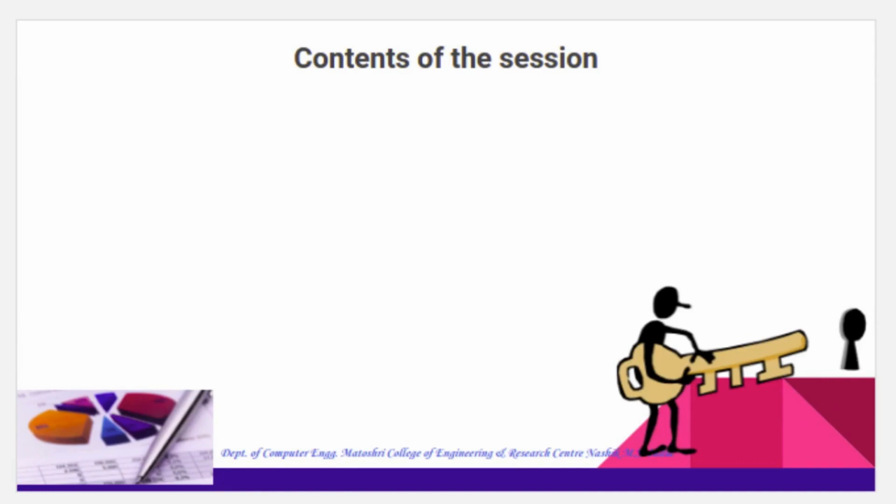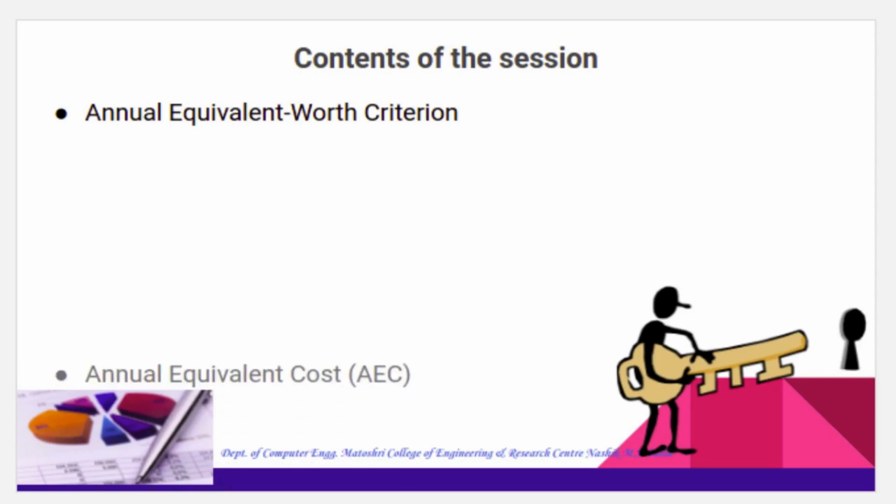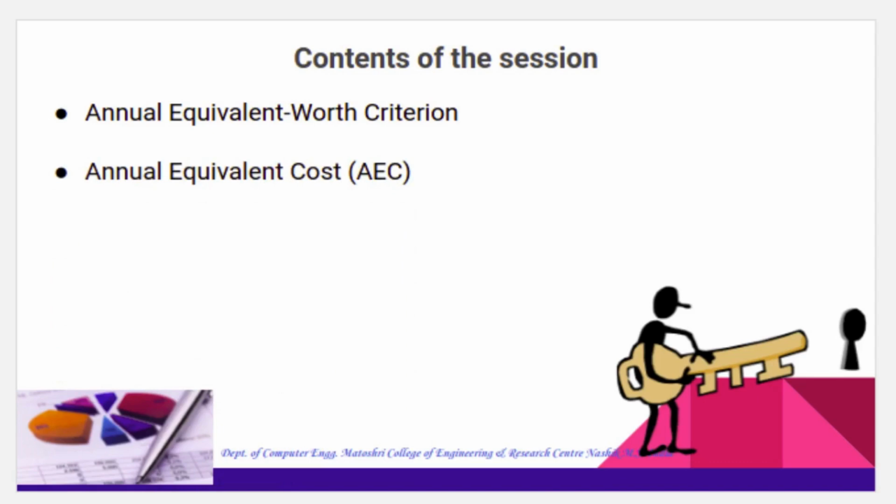The contents of this session: we begin with the annual equivalent worth criteria, which is used for measuring the worth of an investment by determining equal payments on an annual basis. Then we will proceed to learn about annual equivalent cost, in which you will learn two types of cost. First is operating cost and second is capital cost.